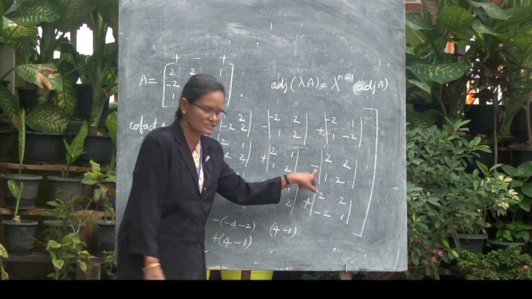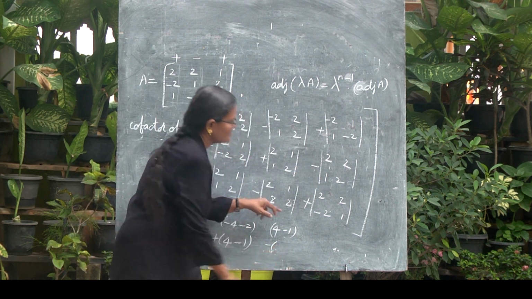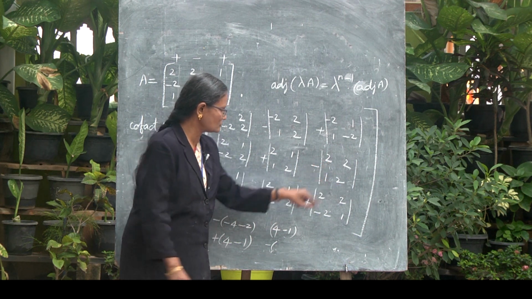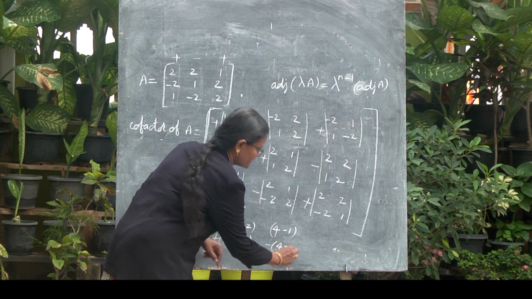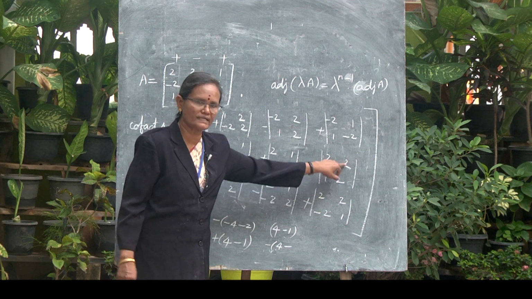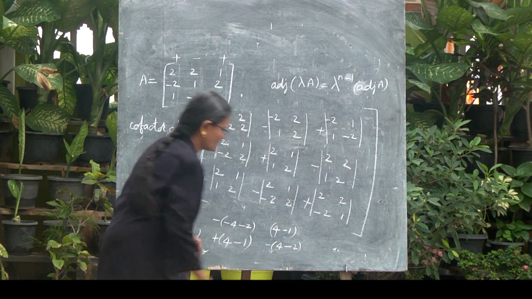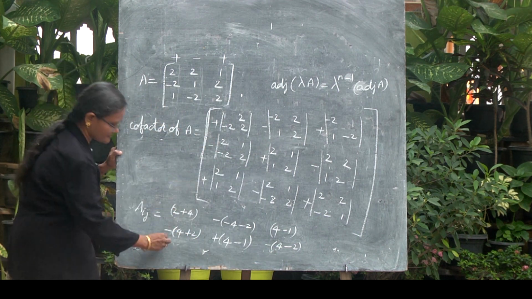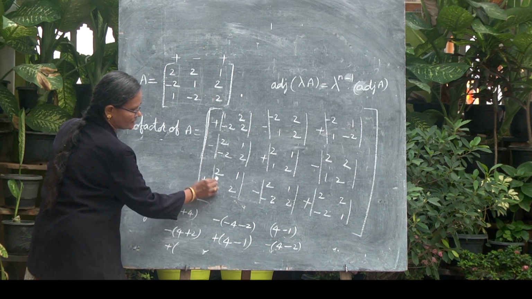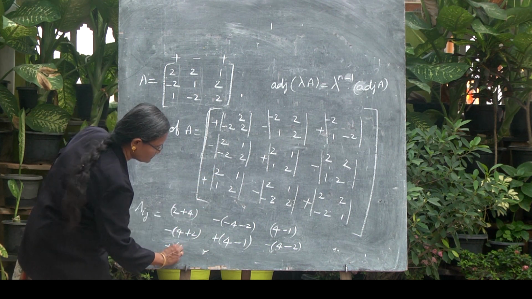Next here, sign is minus. Product of the leading diagonal element is 2 into 2, 4. Then minus other diagonal elements, product of the other diagonal elements is 2 into 1, 2. In the last row, here sign is plus. Product of the leading diagonal element, 2 into 2, 4.